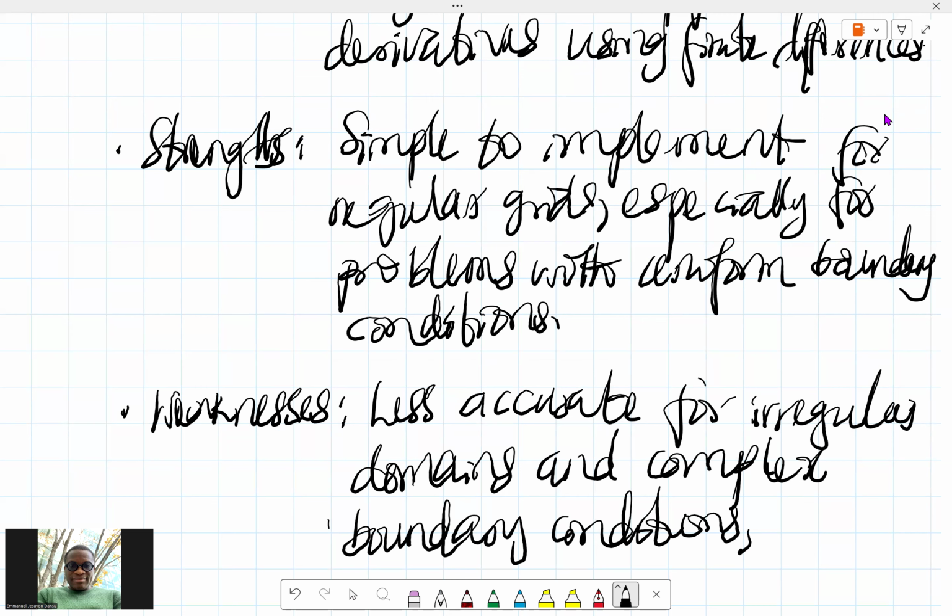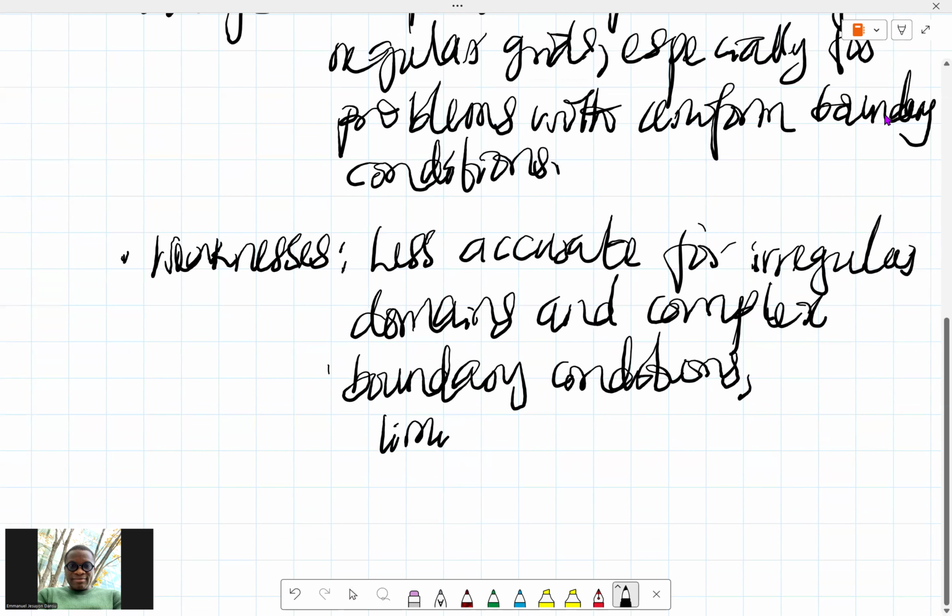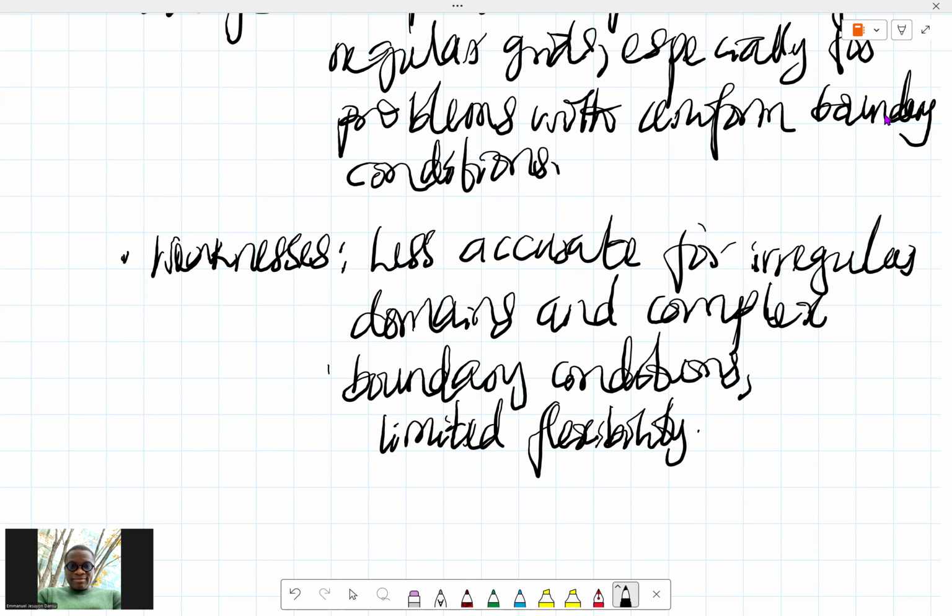It is also limited in flexibility, so it has limited flexibility. Okay, that's about the finite difference method.